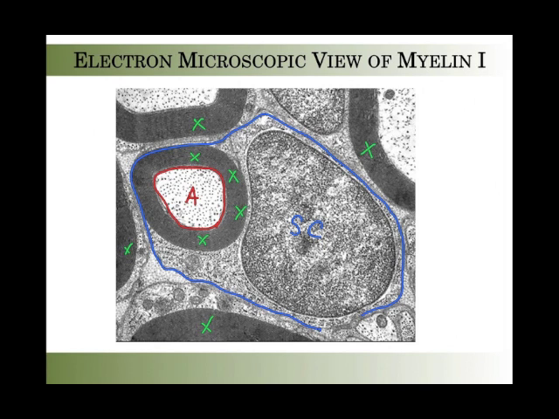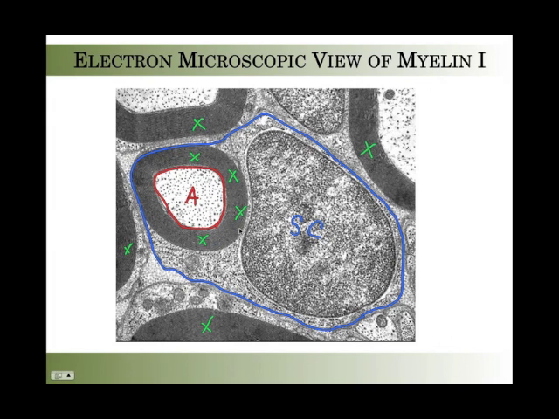And this delimits the Schwann cell and allows us to make an important observation. That is to say that the axon, which is a process of a cell that is somewhat distant, is totally encapsulated by the Schwann cell, and by the Schwann cell process, the specialization that makes myelin.